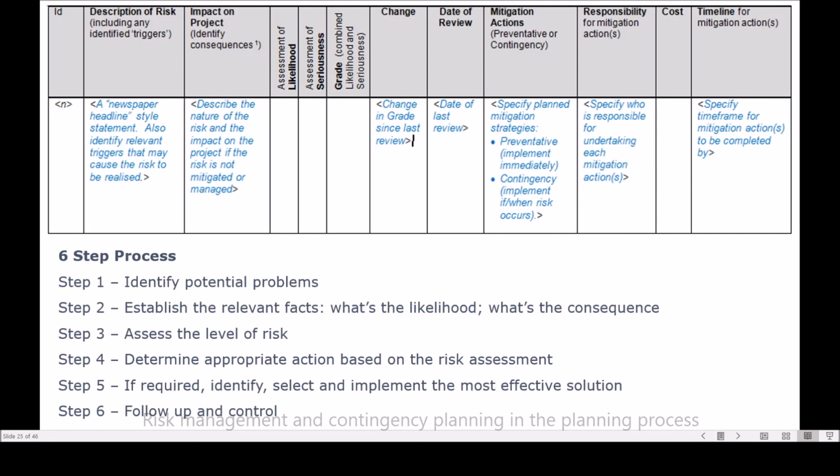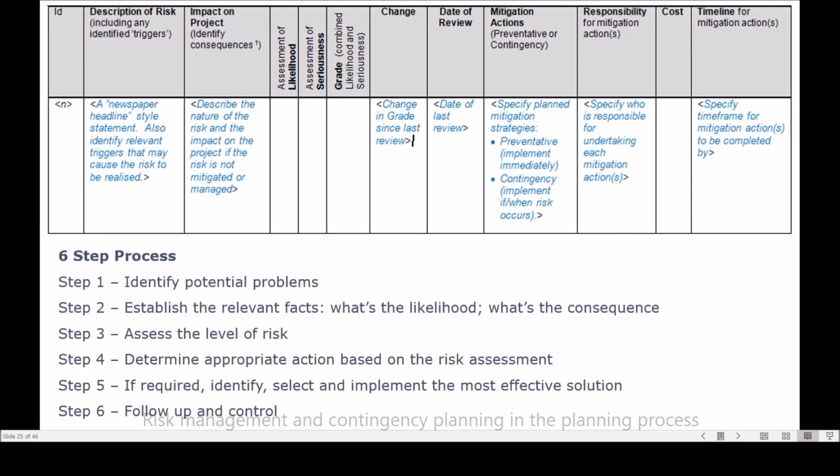We then, if it's an existing risk, say it's been assessed as a risk previously, and we identify it as an existing risk that has had some type of assessment done previously, we would put in what the current assessment is. We would put in whether there's been a change since its last review and the date of the last review.